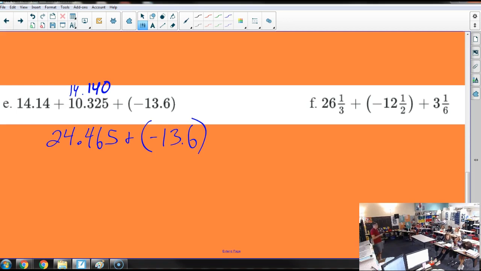But if you don't have a calculator, remember this is where that borrowing is going to come in if you do it manually on paper. Is there anything else we could do? Any other way we could solve this? Oh. Yeah, 600.